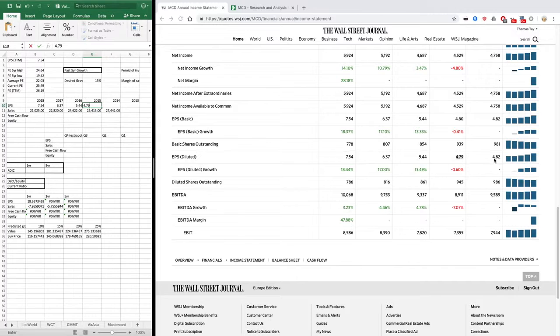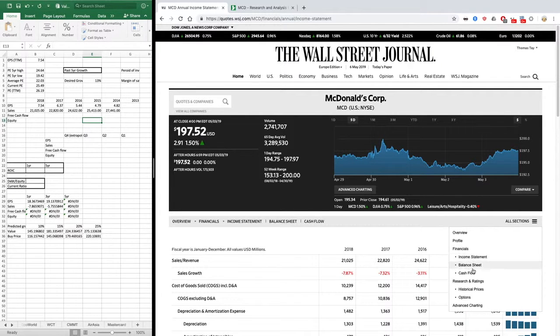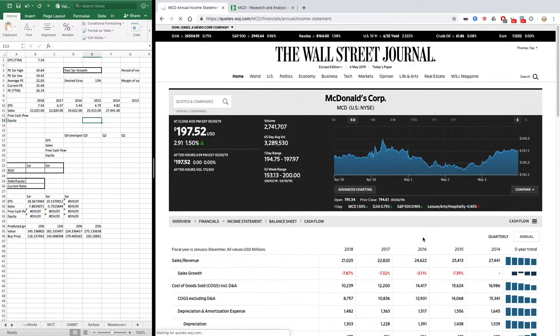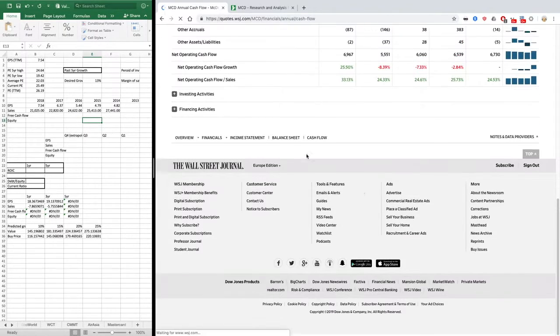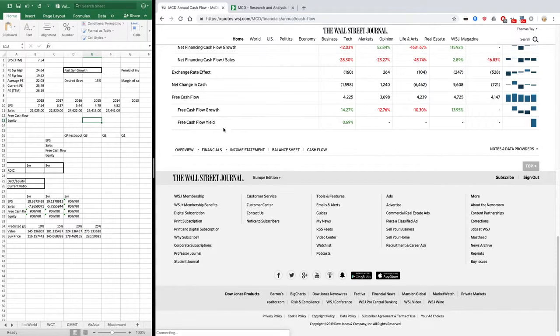EPS 4.82. Now we're going to look for free cash flow, and you can find it over here under all sections, financials, cash flow. Go to the bottom, financing activities, free cash flow right here. We're going to take this number here.